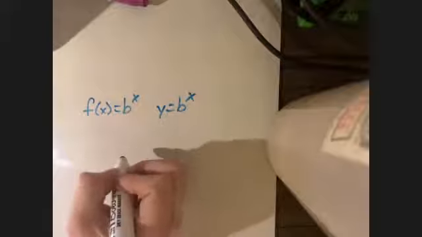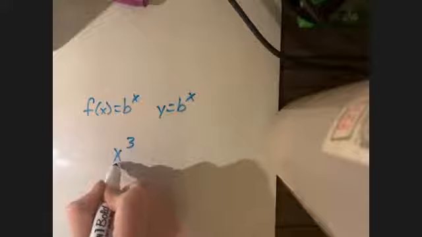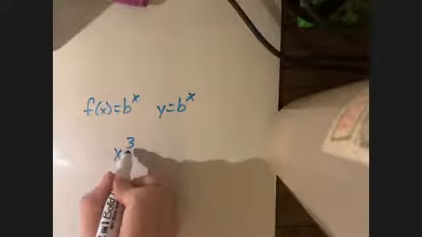So starting off with section 4.1, this is exponential functions. Exponential functions are in the format b to the x. The difference here is beforehand, when we were doing things like this, we were changing the number down here, but I was always cubing the number.